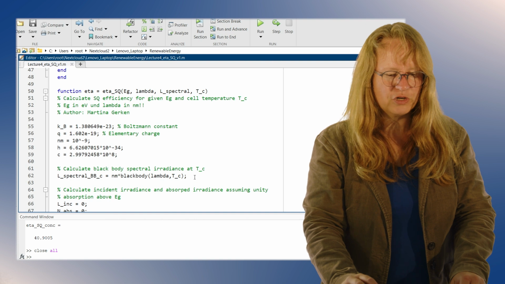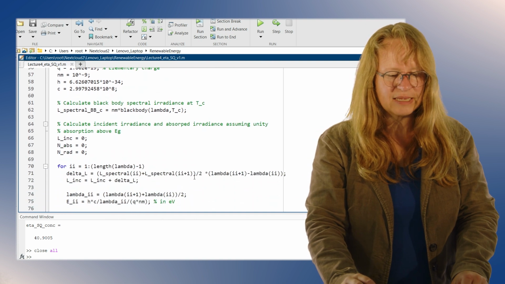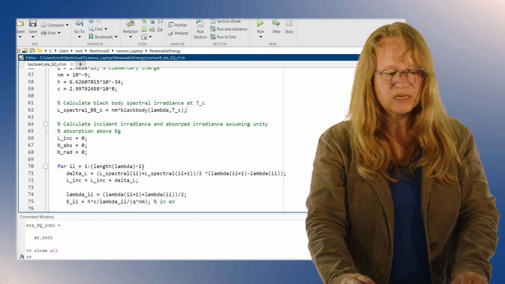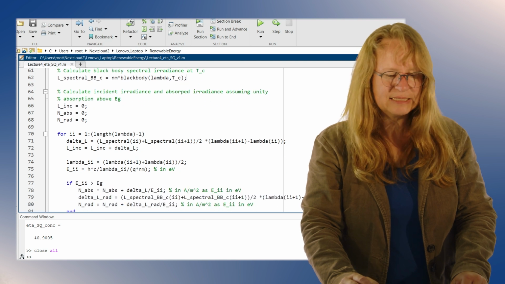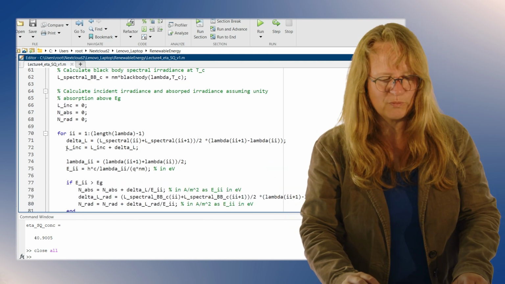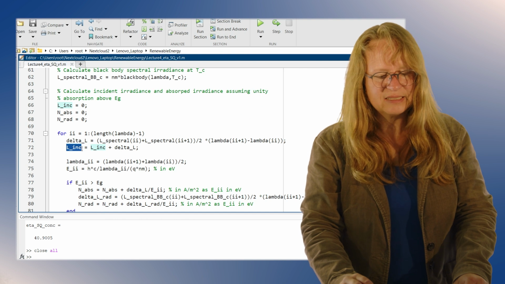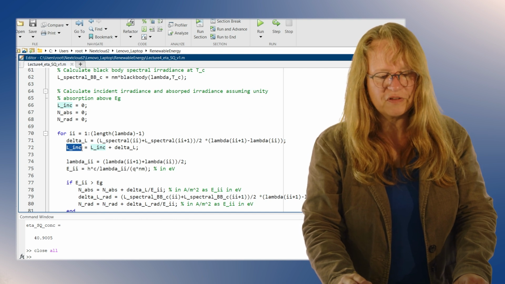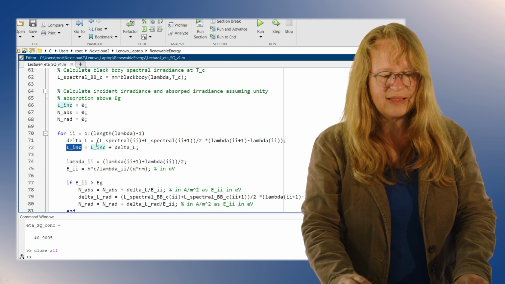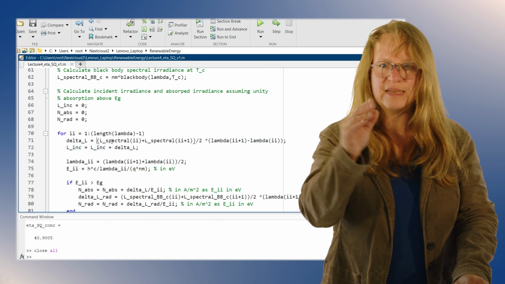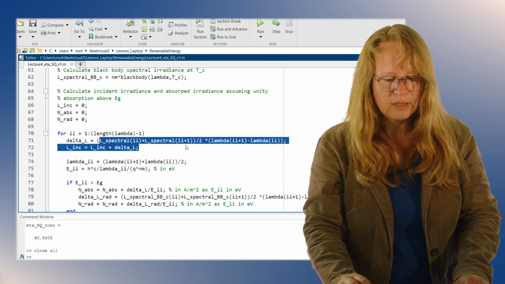So I have first of all here I sum all the incident power, and I called it L incident. Maybe P incident would have been better, but I called it L incident here in a sense that I take always the difference of the spectral irradiance values of the given index and the index +1.